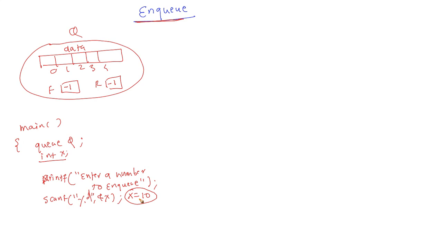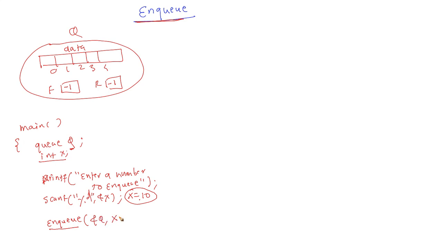And then I want to NQ this 10 or insert this 10 in this queue, right? So I'll call NQ. Okay, so now I'm going to call this NQ function. To this NQ function, I'll be passing my queue, right?